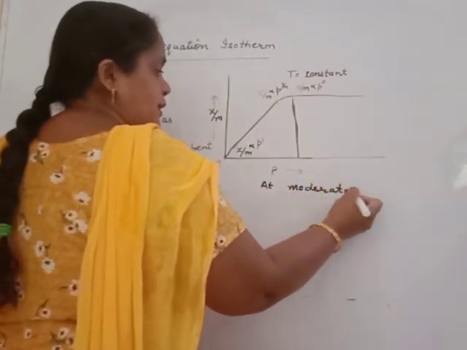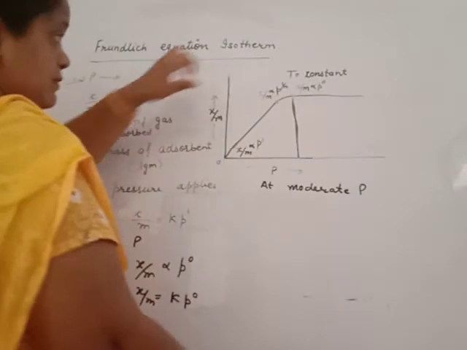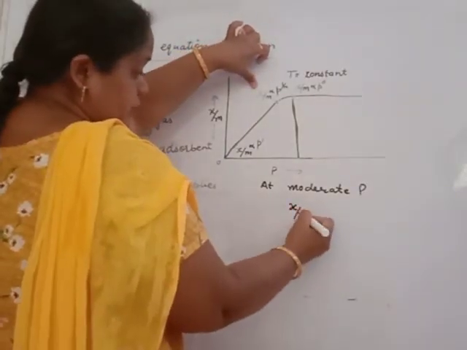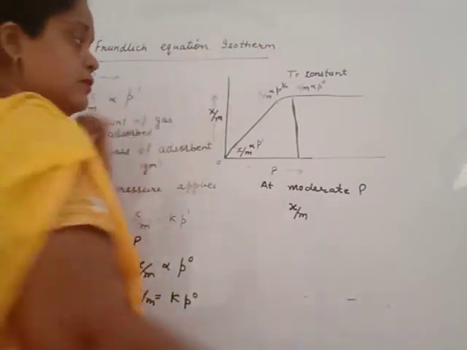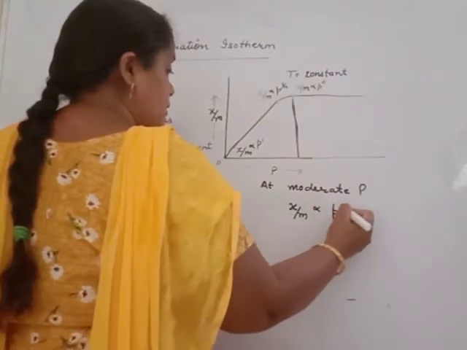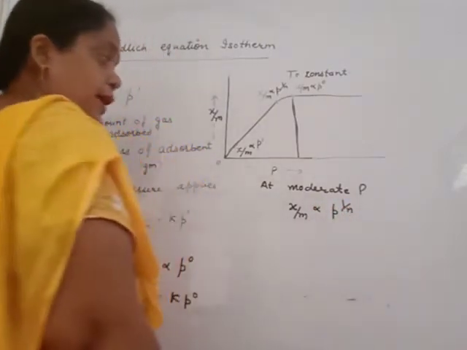At moderate, or middle, pressure, the rate of adsorption of gas on the surface of the adsorbent is directly proportional to P to the power 1 by n.